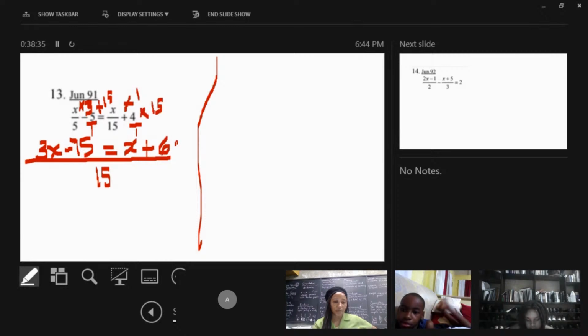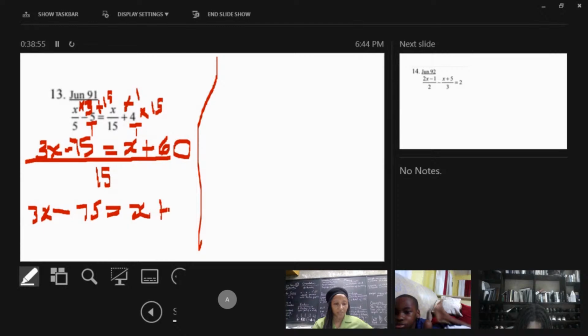All right, so now we can rewrite that equation without the denominator since they're all over the same denominator. We can ignore it. So we have 3x minus 75 equals x plus 60. All right, so take it from there now. What's the next step? The next step is to get all the x's on one side. So 3x minus x, and we bring over the 75 to the other side.